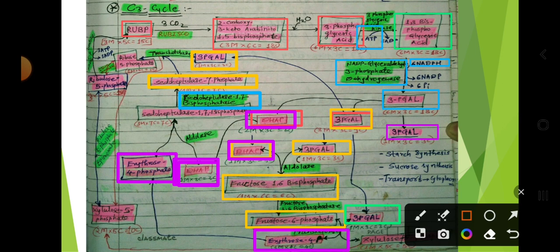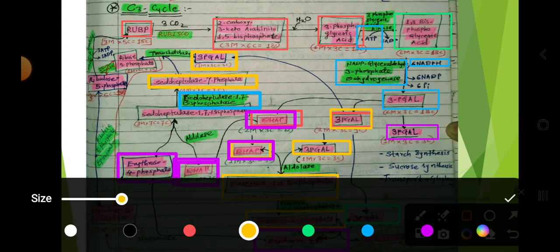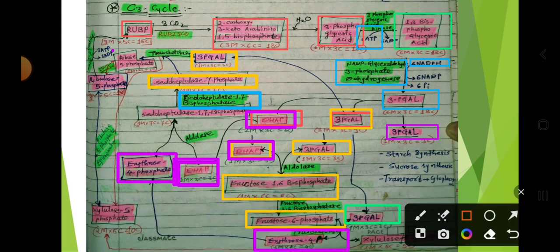Now, the pseudoheptulose 7-phosphate is a 7-carbon product and glyceraldehyde 3-phosphate is a 3-carbon product. From those two products, one molecule of ribose 5-phosphate and one molecule of xylulose 5-phosphate are formed, and the reaction is catalyzed by the enzyme called transketolase.